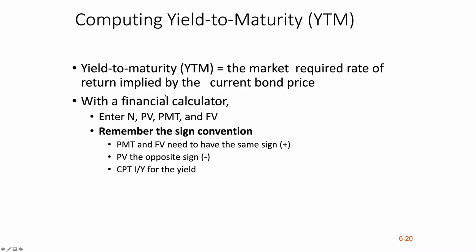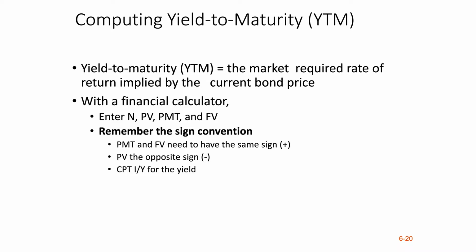What that means to the company is that yield to maturity is the risk-adjusted discount rate for this bond. So you need to use market information, including the current market price, to find the yield to maturity.